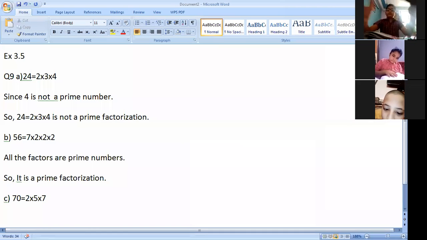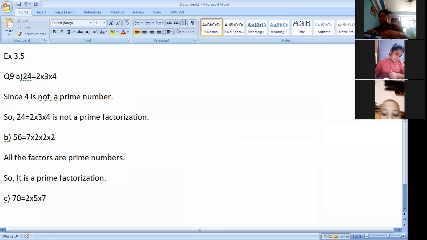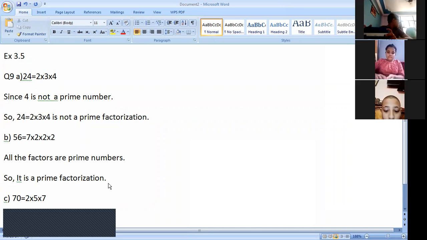I'm talking about 2, 5 and 7, are they prime factors or not? All the three factors, are they prime factors or not? Chitra, tell me. All the factors are prime numbers. So it is a prime factorization.